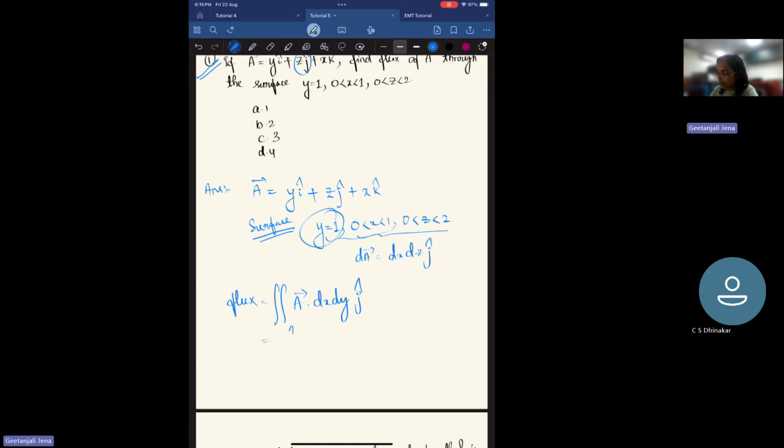So we have z dx dz. This will give z square by 2 from 0 to 2 and x from 0 to 1. So it will give a value of 2. Option B.